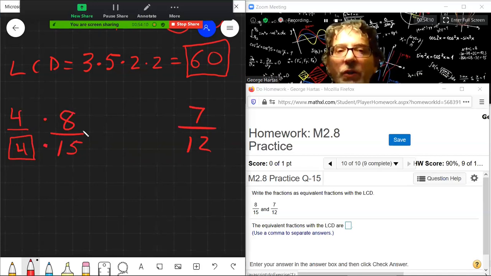We're bumping this fraction up to match the denominator of the LCD. We're multiplying it by something to match the denominators. It's like we're using a magnifying glass to zoom in, to make it bigger. We're blowing this up by a factor of 4 to get 60 down here. But whatever you do to the bottom, you got to do to the top, so that way the ratio stays the same.